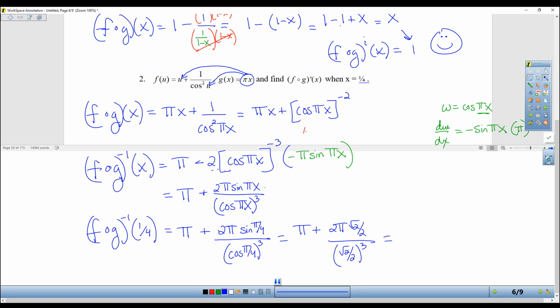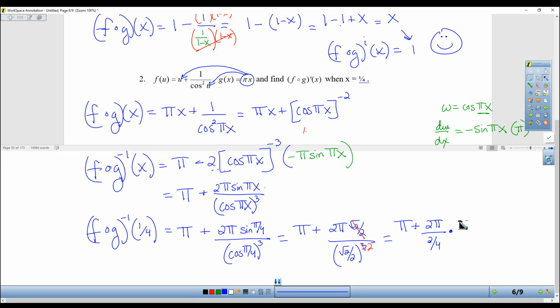One of these cancels. So this one and one of those cancels. So now I have pi plus 2 pi over, so the square root of 2 over 2, when you square it, is going to be 2 over 4, because the square root of 2 squared is just 2, and 2 squared is 4.